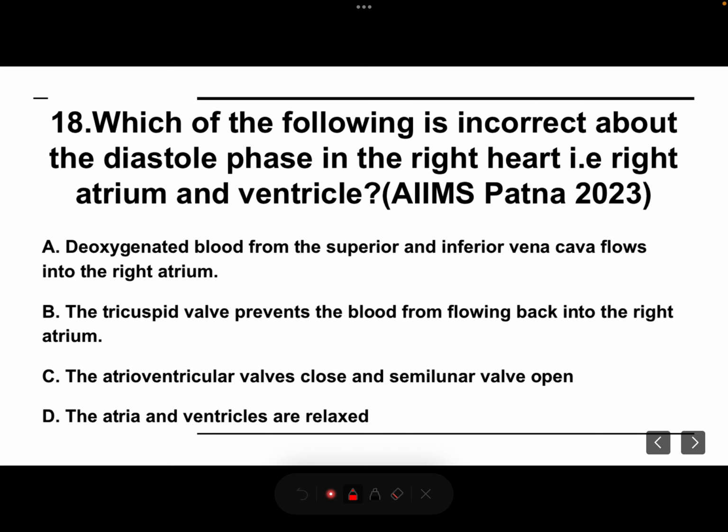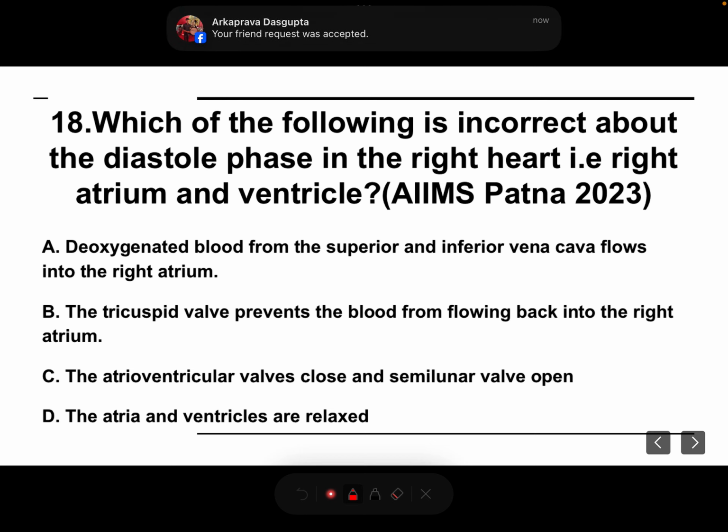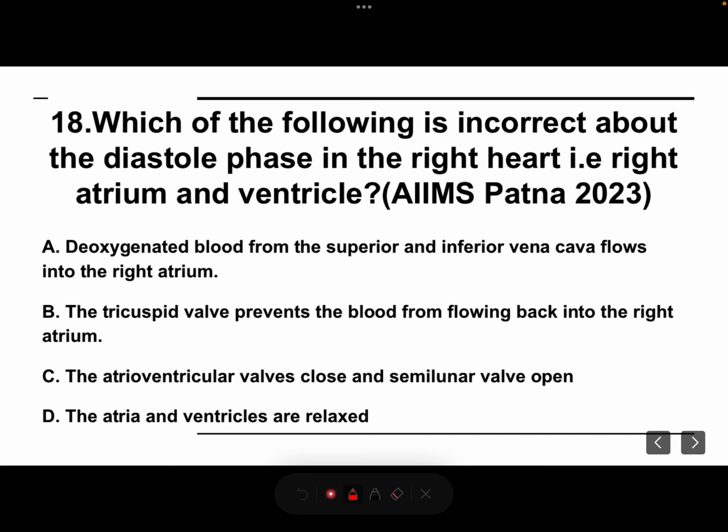Next, come to question number 18. Which of the following is incorrect about the diastole phase in the right heart, that is right atrium and right ventricle? Option A, deoxygenated blood from the superior and inferior vena cava flows into the right atrium. Option B, tricuspid valve prevents the blood from flowing back into the right atrium.